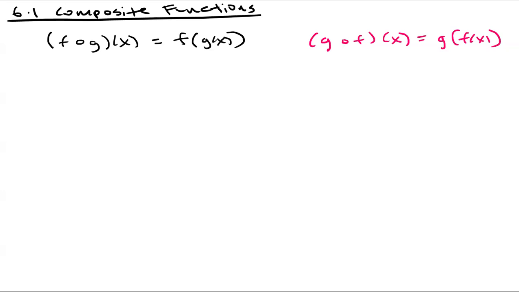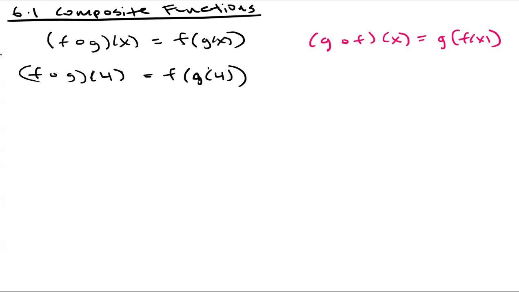Okay. So let's say that they want us to find f circle g of 4. They want us to find f of g of 4, which I can write in this form.